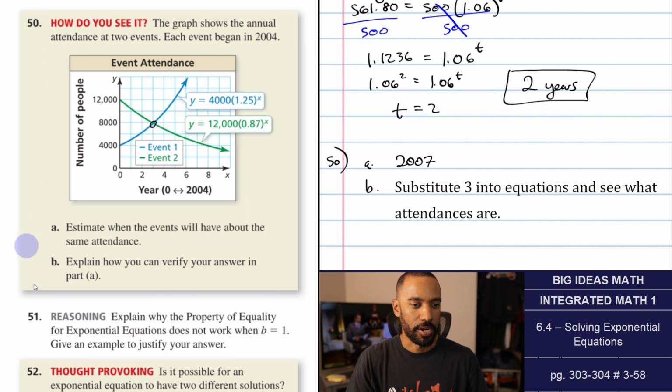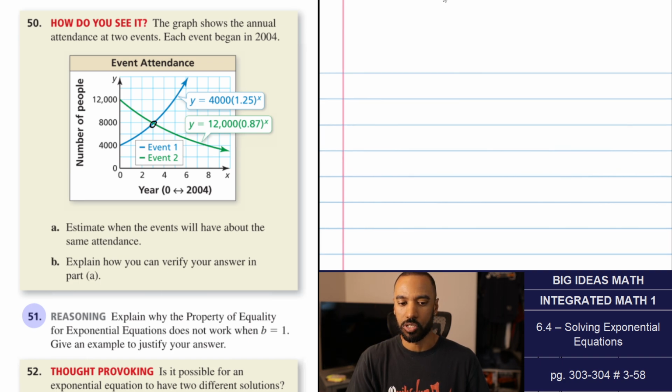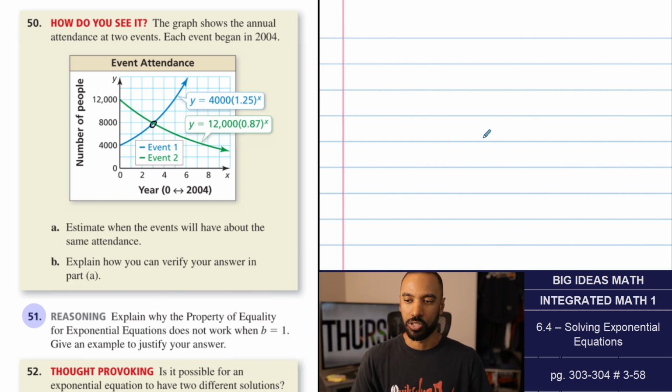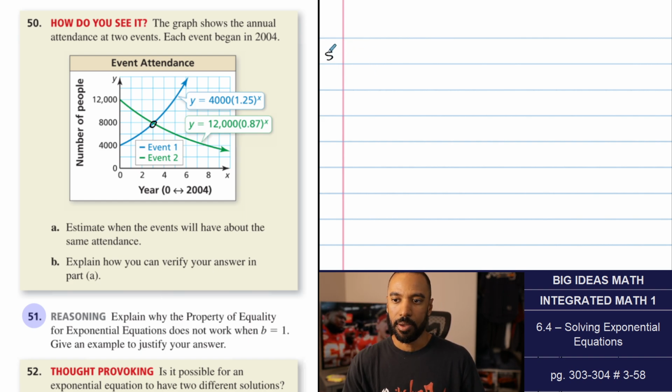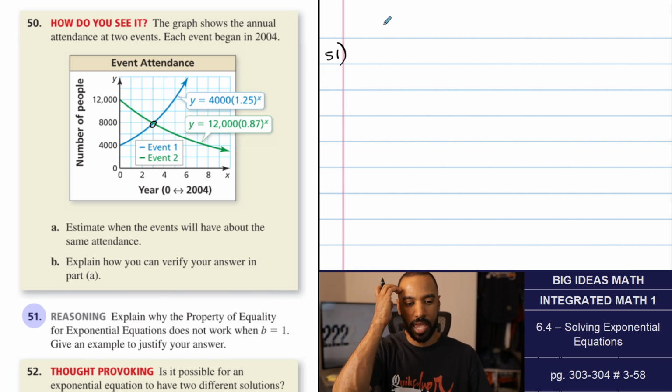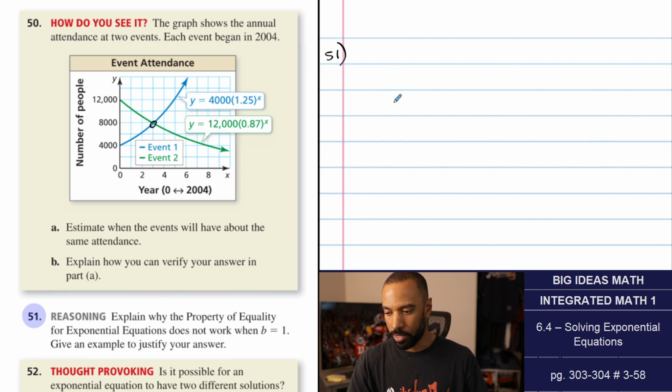All right, number 51, reasoning. Explain why the property of equality for exponential equations does not work when b equals 1. Give an example to justify your answer. Maybe I want to use the example to support what we're talking about. They're saying when b equals 1, you cannot just set the left side equal to the right side for it to work.